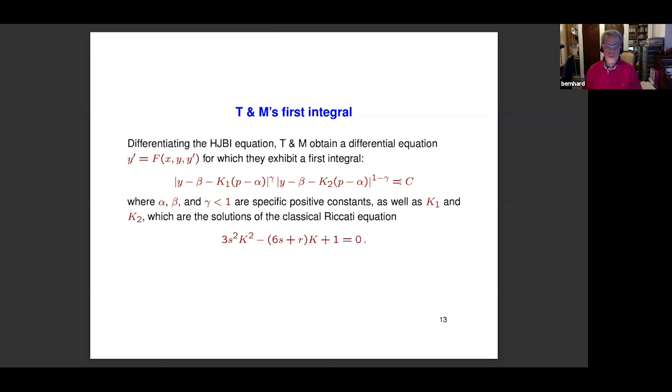And if you try to place this in the equation and see what you need for this to be a solution of the equation we had, you see on the one hand that K1 and K2 need to be the solutions of this Riccati equation, which is the classical algebraic Riccati equation associated to this game. And you find also that, well, I'll come to it later, excuse me.